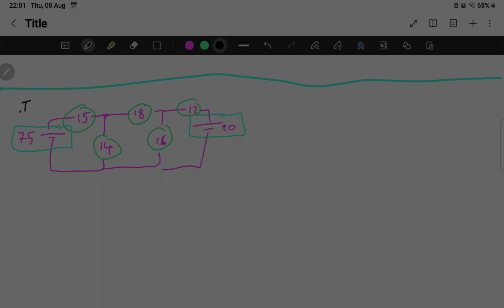So here we have our I1, and then we have our I2 and our I3 over here. Over here by 18 we have I1 minus I2, and over here we have our I1 minus I2 minus I3.